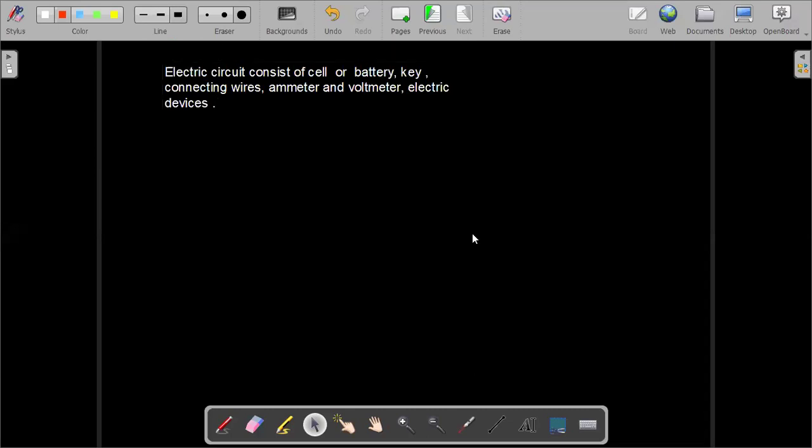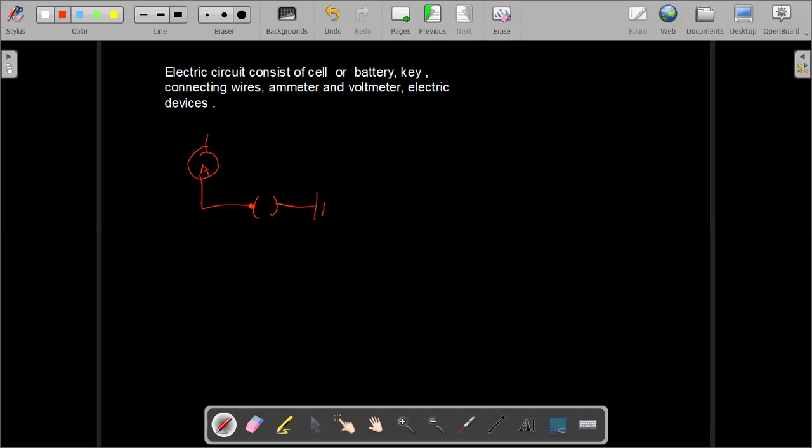We'll try to draw an electric circuit with these symbols. A simple electric circuit consists of a cell, a key, an ammeter. The ammeter is always connected in series to the circuit.